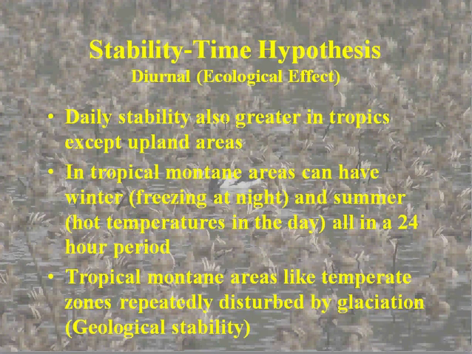So the temperature at the top of some of these tropical montane regions gets down to freezing, and ice freezes, and then during the day temperatures get up to 35 degrees and everything just gets hot and desiccated. So that is diurnal instability. So you can see a gradient of biodiversity, from lowland areas where the temperatures are very stable over a 24-hour period, and the montane areas where temperatures fall to a great degree.